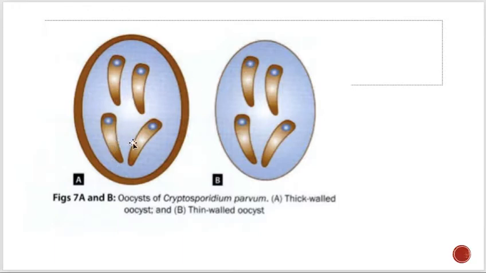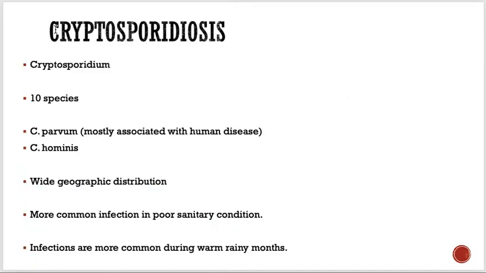Person to person transmission is also noticed in many instances, for example simple fecal-oral route transmission, which is very common, or through sexual activities. They can also be transmitted through food sources, though that method is not so significant because the chances are less. So this is what I wanted to talk about regarding Cryptosporidium.